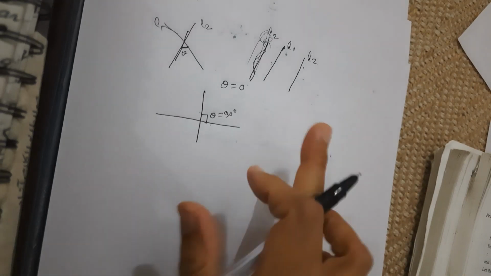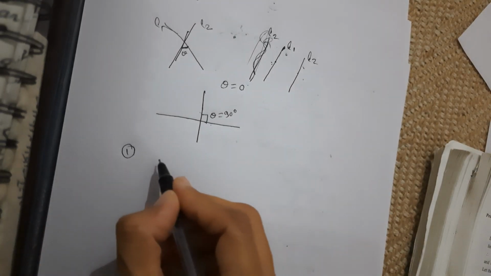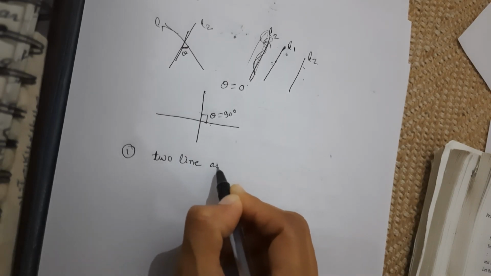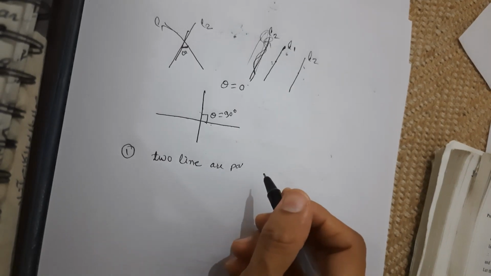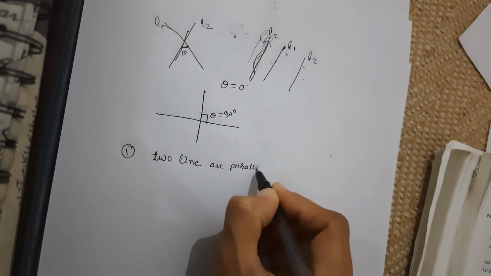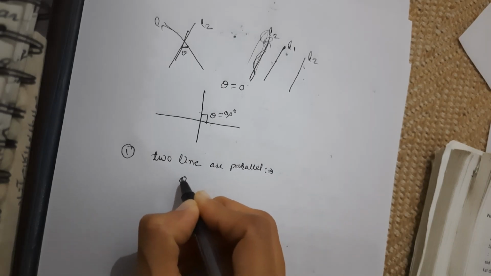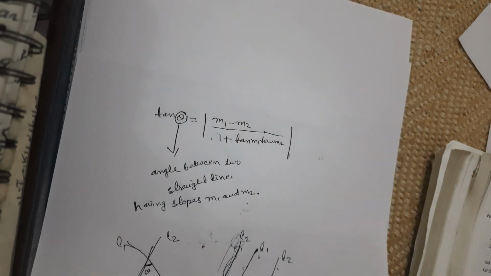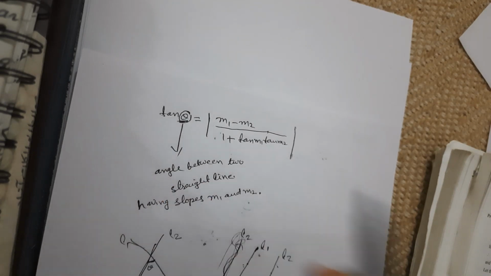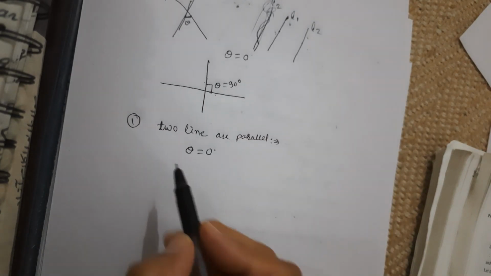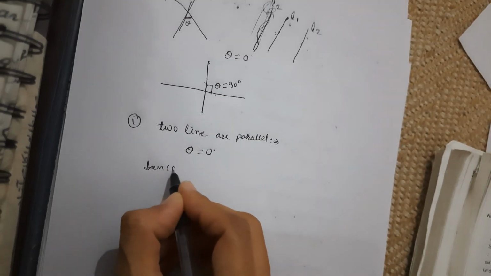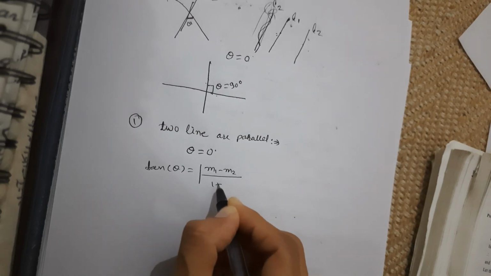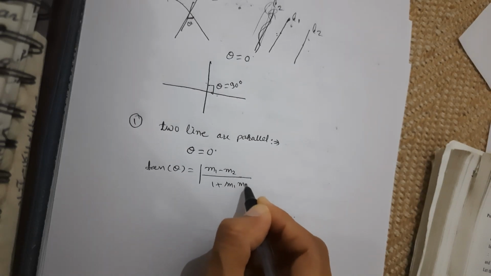So in the first scenario, if two lines are parallel, then theta will be 0. I am substituting the value in the formula we just learned: tan theta is equal to modulus of M1 minus M2 upon 1 plus M1 into M2.